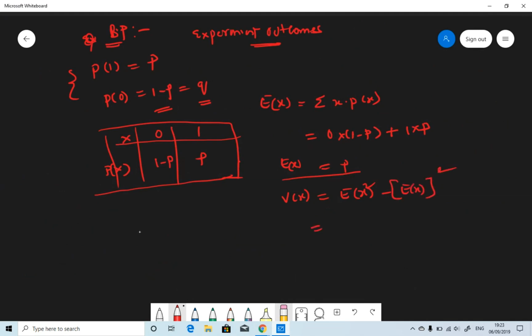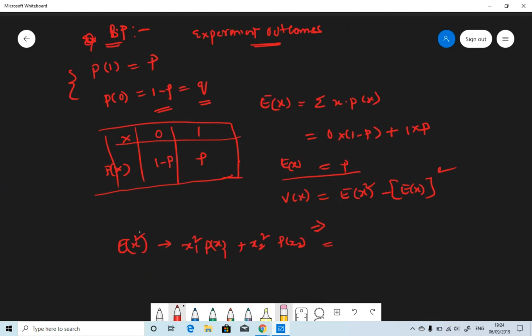Now let's understand how we write it. First we do E of x square, which is x1 square into p of x1 plus x2 square into p of x2.